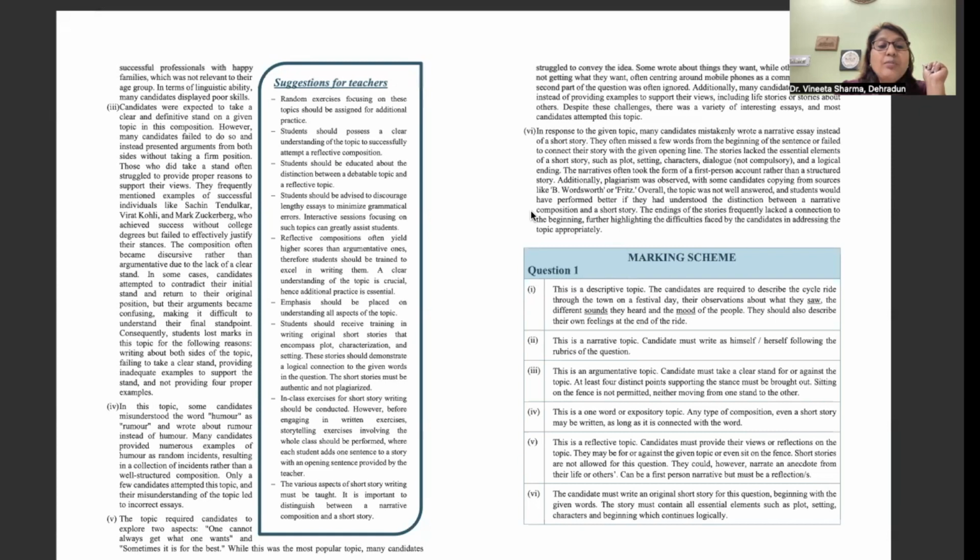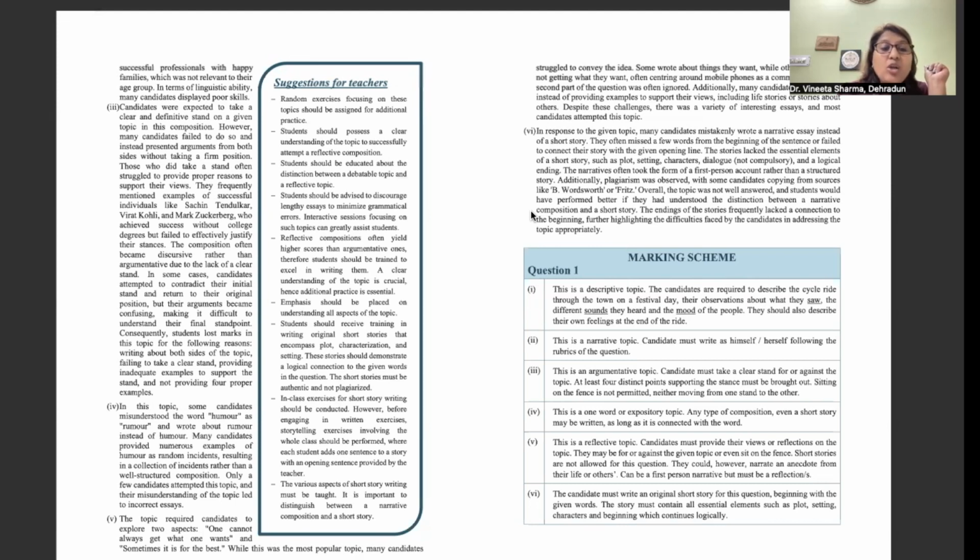The composition often became discursive rather than argumentative due to the lack of a clear stand. In some cases, candidates attempted to contradict their initial stand and return to their original position, but their arguments became confusing, making it difficult to understand their final standpoint.